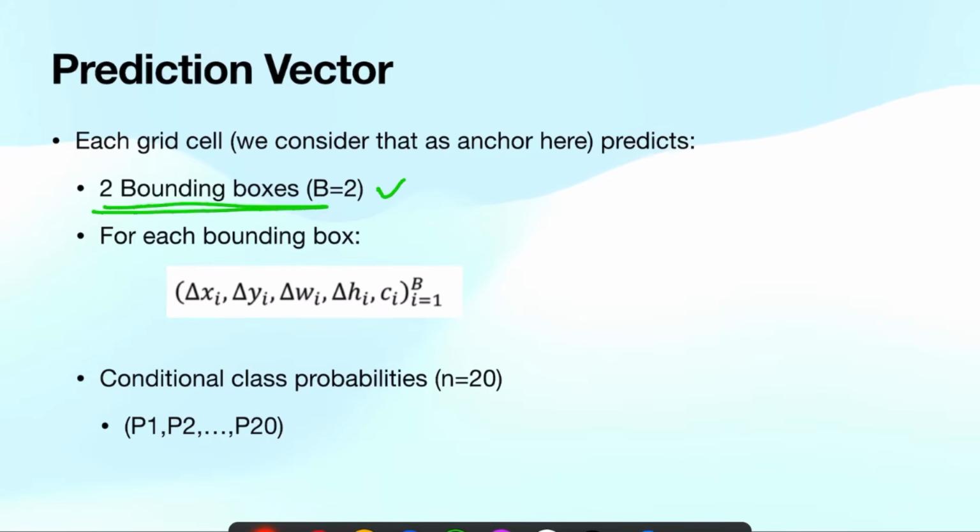So each cell will give 2 bounding boxes, and for each bounding box, we have these deltas. These are the deltas for the box coordinates, and this is the objectness score. There is no class information here yet. It is only the objectness score, which will indicate only whether that particular box has an object or not. How confident the model is that this particular cell has an object.